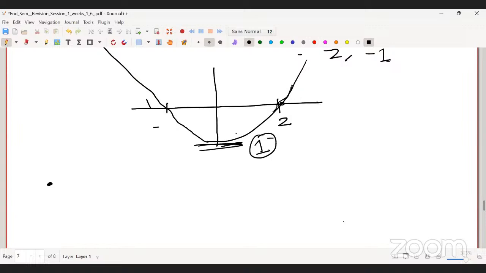Not inflection points, sorry. We are not considering all the critical points. So for example, even if you take this x cube, you have a graph like this, right? So at this point also, the slope of this polynomial is 0. But we are not considering that.